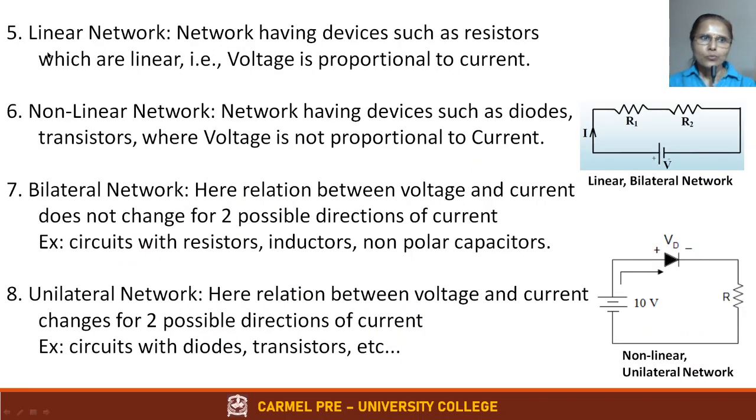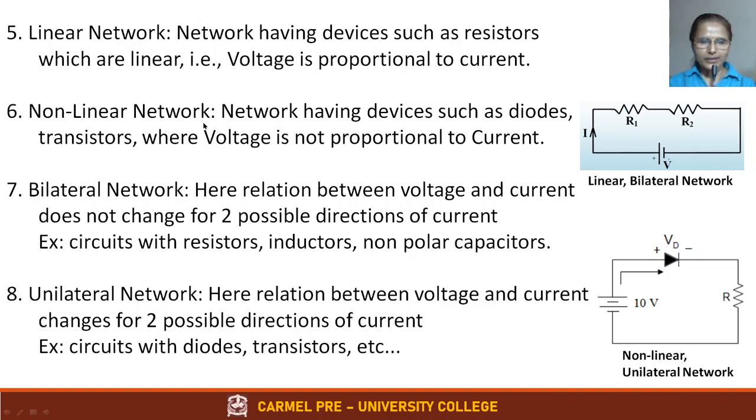Next, what is a linear network? A linear network consists of linear devices such as resistors, where current is proportional to voltage or voltage is proportional to current. You know that. So circuits where only resistors are there are called linear circuits.